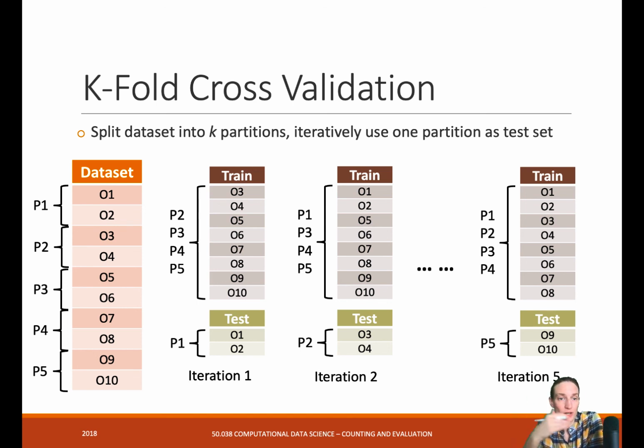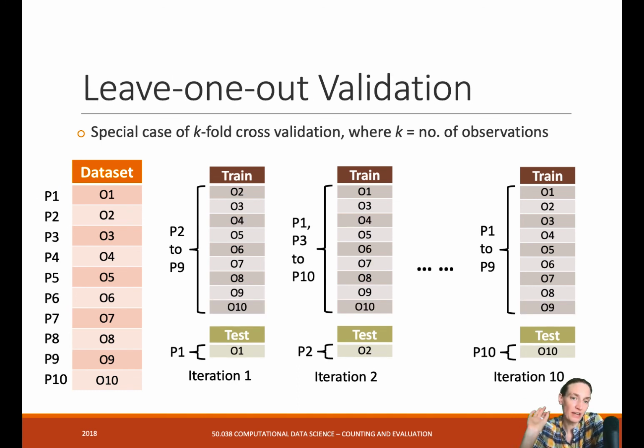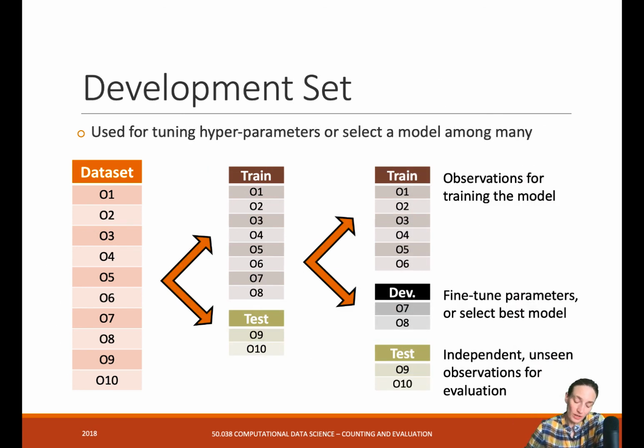We also have leave-one-out validation, which actually is a special case of k-fold cross-validation. Your test set is just 1. Basically, k here is the number of observations in your data set. Then you have noticed that we often have something called a validation set or a pruning set in decision trees, which is basically a development set.